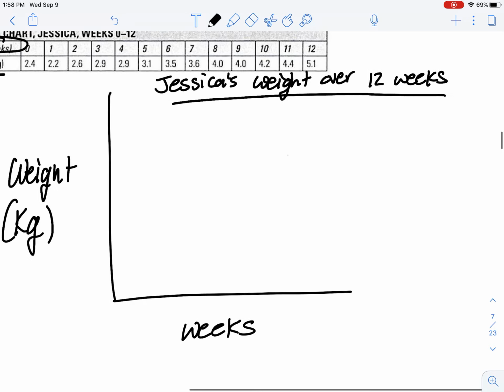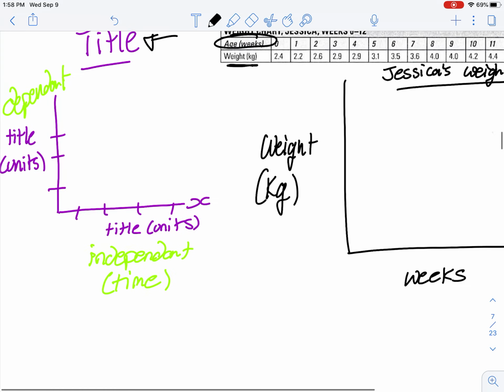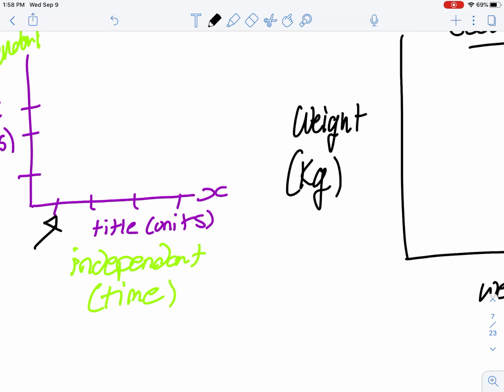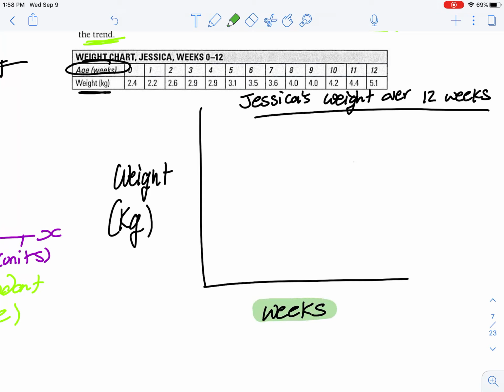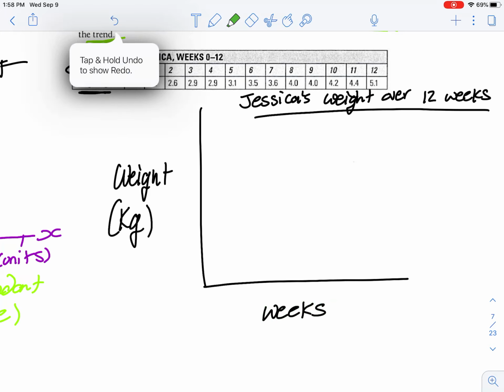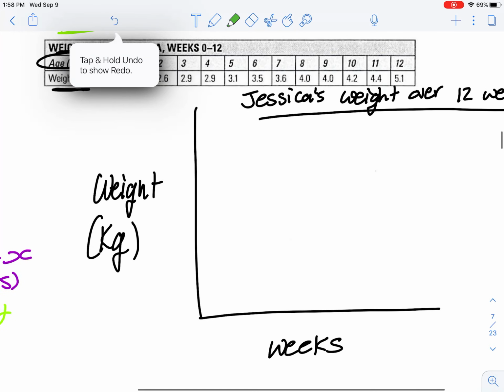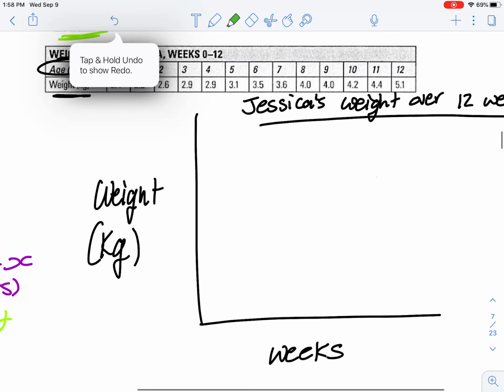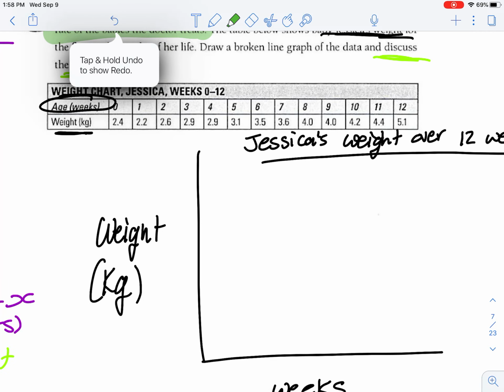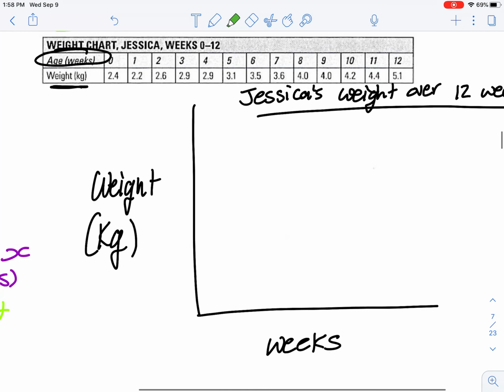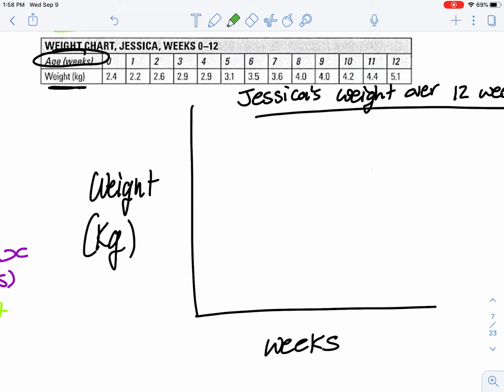Now the last thing I want to do, remember, is put my increments of time. Remember, they have to go up by the same increments. So let's focus on our weeks first. How many weeks are we dealing with?